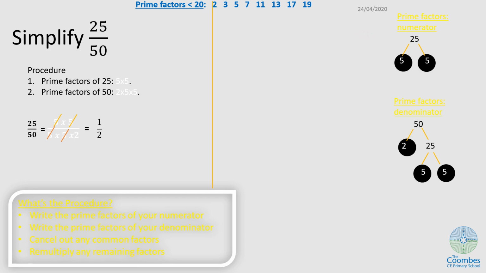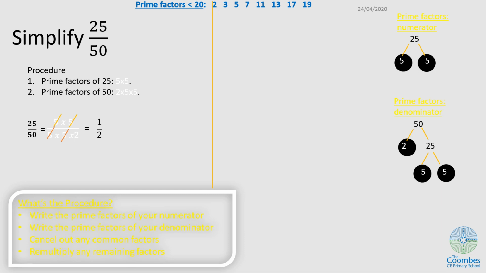The number I'm looking for the prime factors of is 25. So let me write it there, which is the numerator. Let me look at the prime numbers less than 20, right at the top there. Which is the smallest number that I can multiply by another number to get 25?